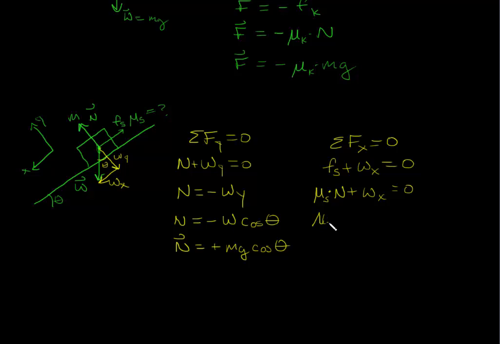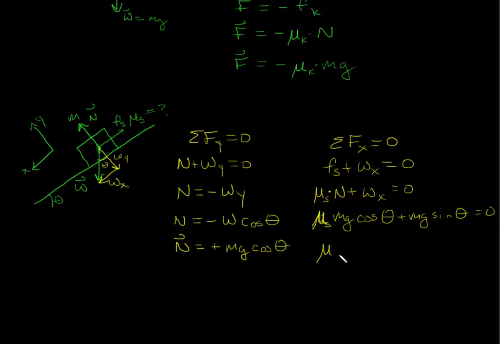So with some substitution for the normal, we get the coefficient of static friction times mg cosine theta plus Wx. Sorry, I got sloppy. Wx would be the weight times sine theta, or mg sine theta, equals 0. And now we can move this over and then divide.